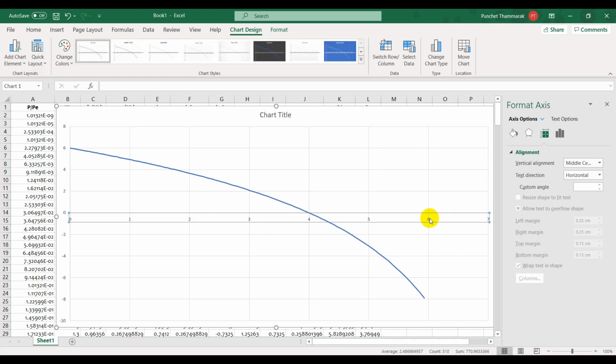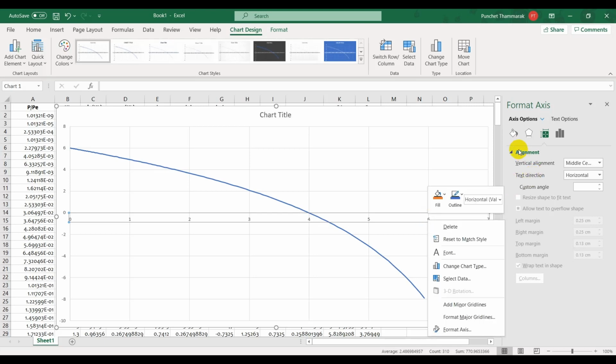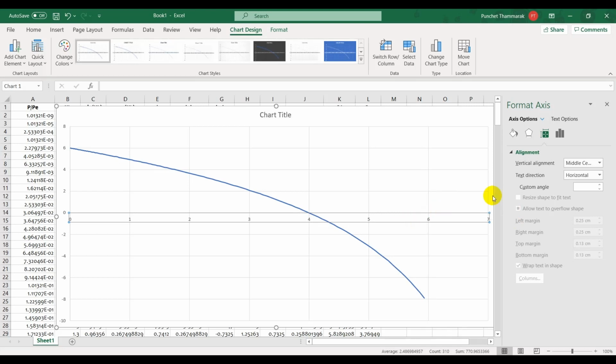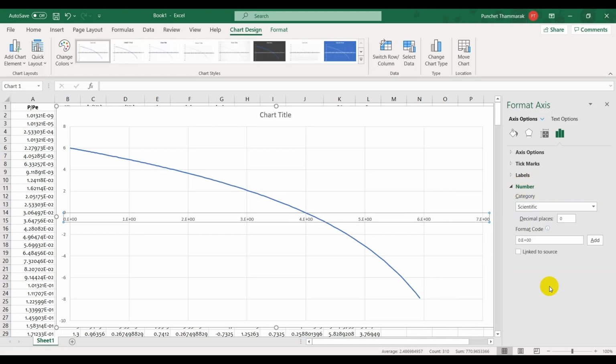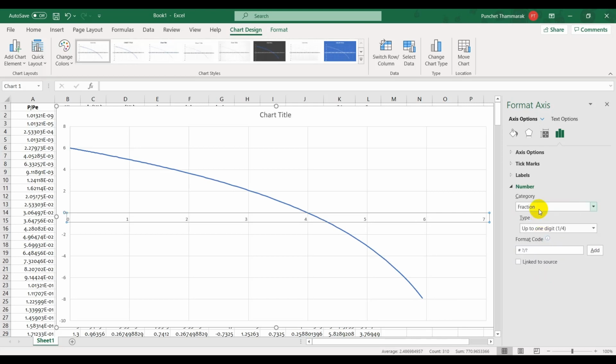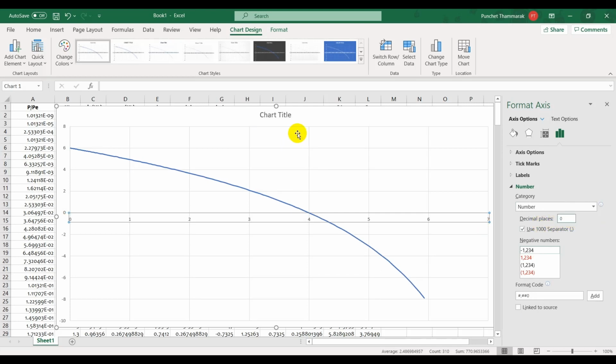I don't know, I judge people like this. So if you leave it like that, scientific, or some crazy things, just clean it up.